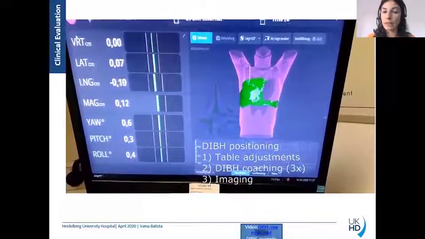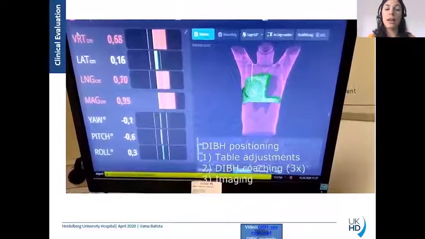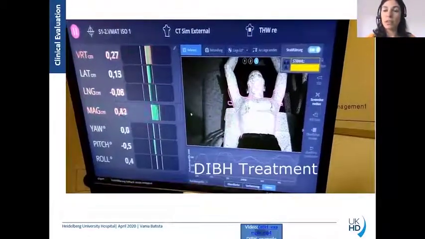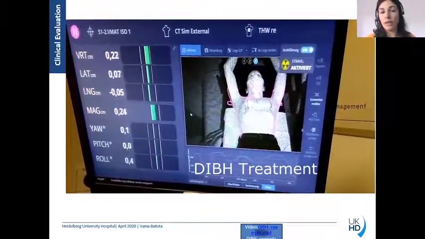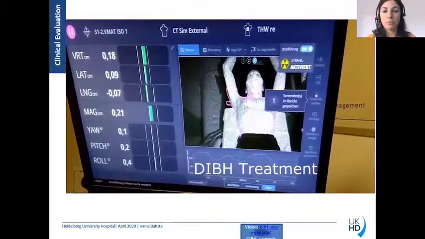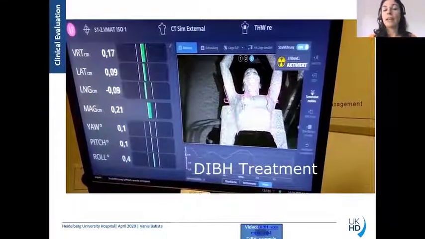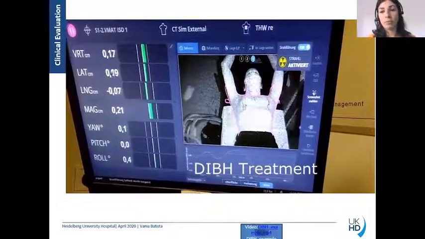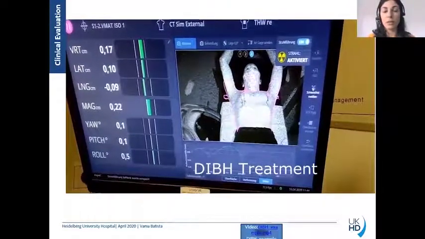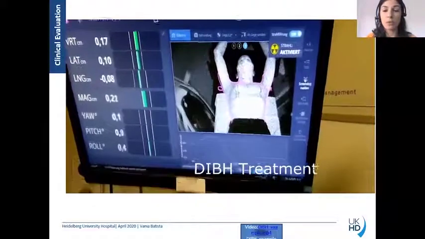Then, when the RTTs are outside and the patient is in deep inspiration breath hold, the imaging session is performed, KV or MV, and when everything is correct, we can start the treatment. That means you have a correlation between the imaging and your surface, because you have a match during the time that the patient is in breath hold.